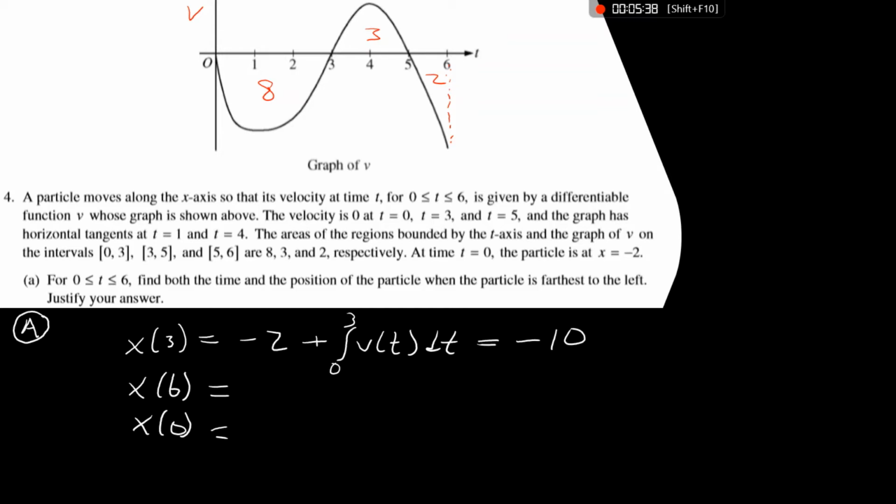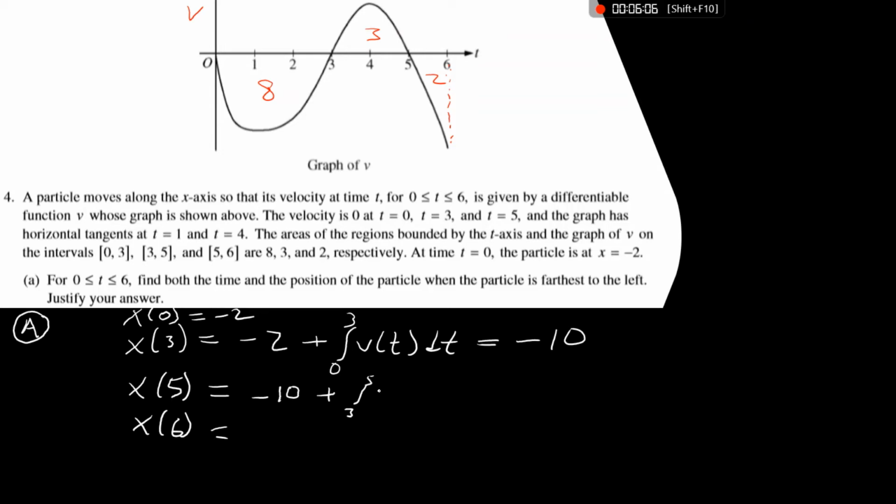I'm going to do x at 5, 6, and 0 maybe. X at 0 was given as negative 2. What's x at 5? Minus 2 plus the integral from 0 to 3 plus the integral from 3 to 5.